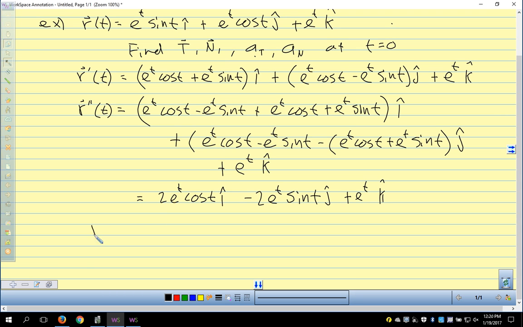R prime at the time we're interested in, R prime at 0, is i plus j plus k. Magnitude of R prime at 0, square root of 3.